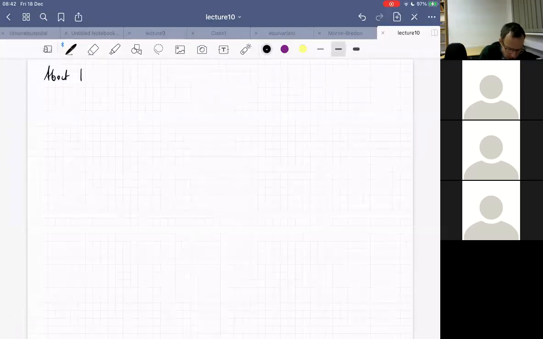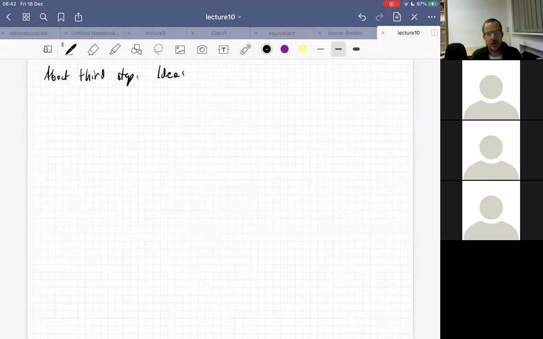About the third step: the idea is completely different than for the index zero critical points. You would like to say, well, okay, we have an index 1 critical point, we have an index 2, we have a pair, we just do something with that pair. No, it doesn't work. Or at least Milnor didn't work it out, which basically means the same.